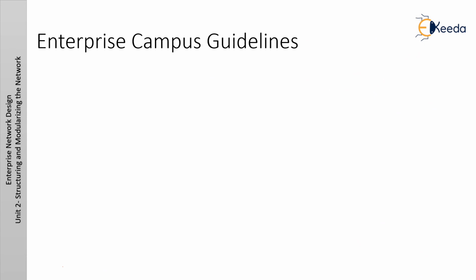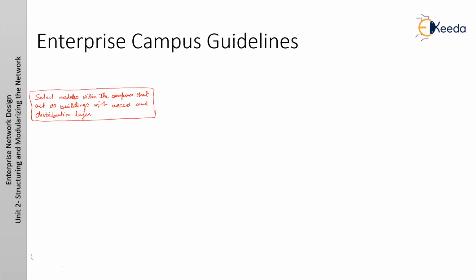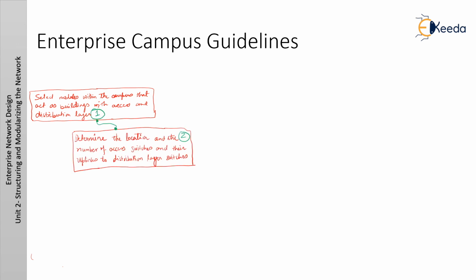Enterprise Campus Guidelines. Follow these guidelines for creating the modules within the Enterprise Campus functional area. Initially, we start with step 1. Select the modules within the campus that act as buildings with access and distribution layers. Next, determine the location and the number of access switches and their uplinks to distribution layer switches.